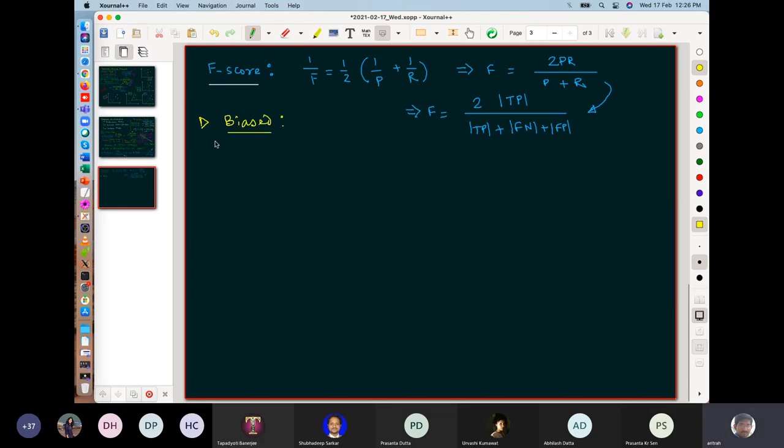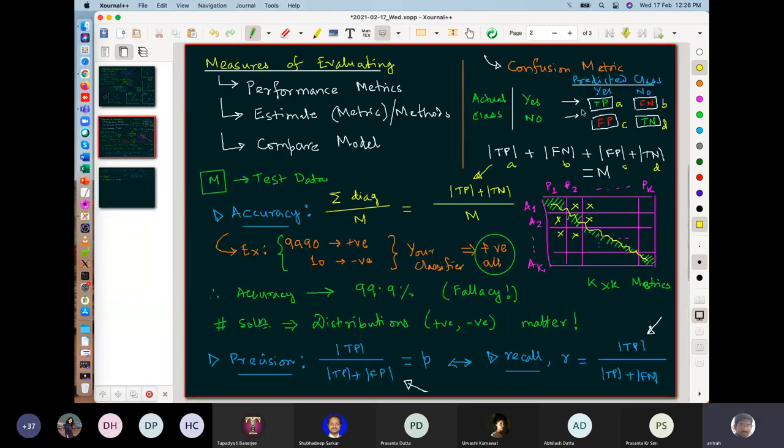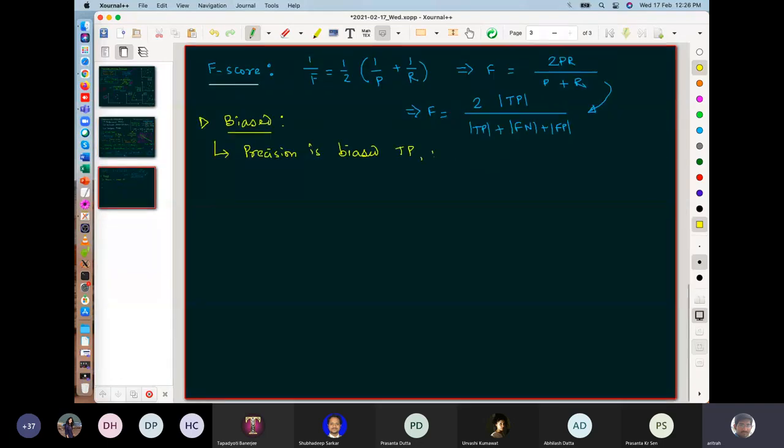As you can see, your precision is biased towards true positive, as well as you can easily see, I am doing a precision with respect to these two only. So I am biased with true positive and false positive.